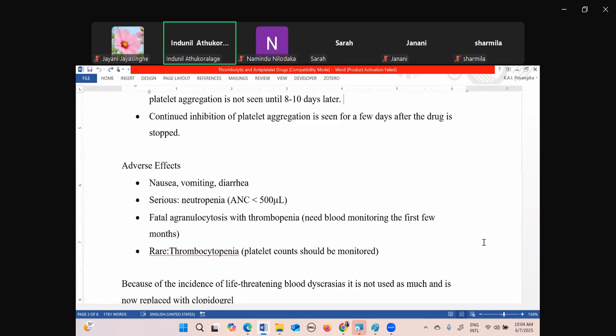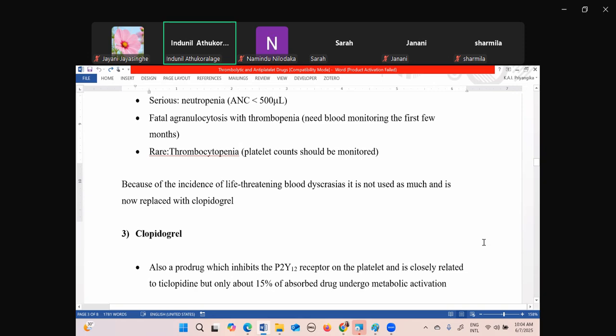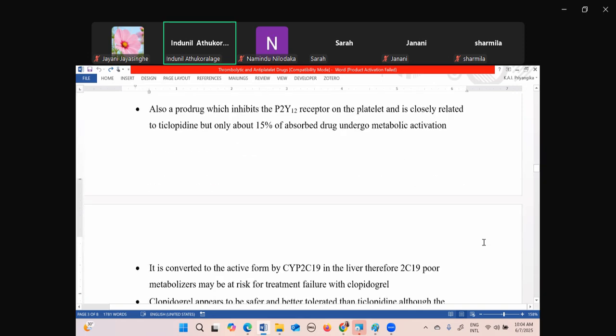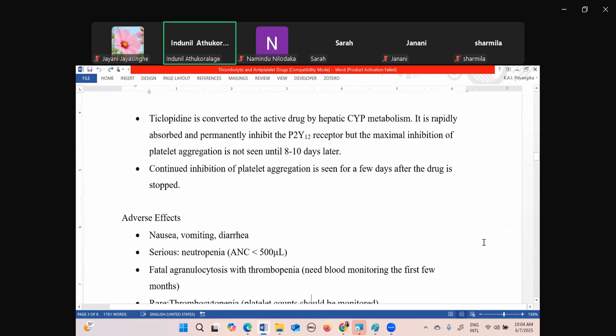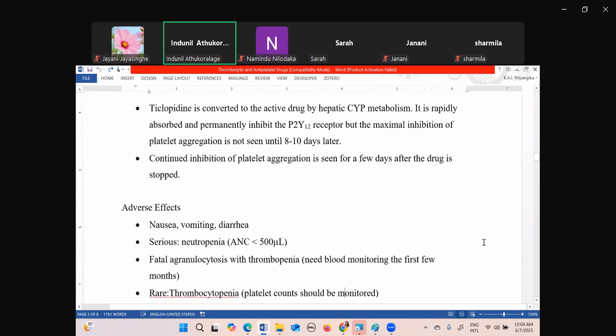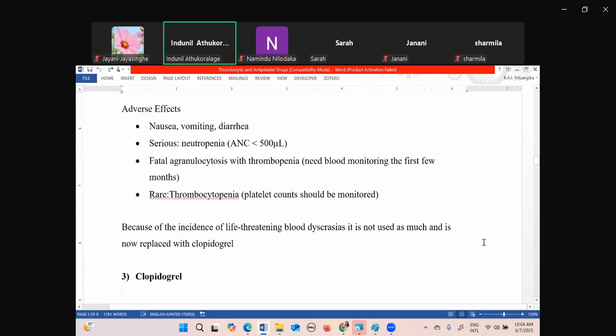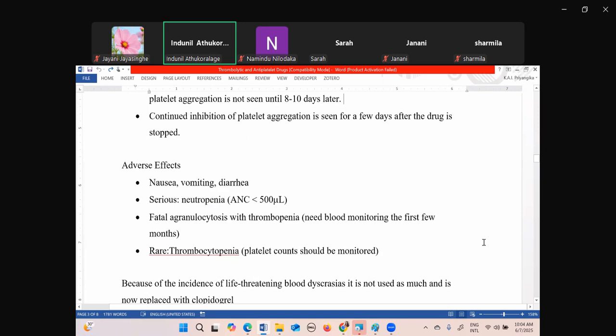So get familiar with the terms, and ticlopidine contraindications and the doses as well, and dosage forms. Are you all clear?